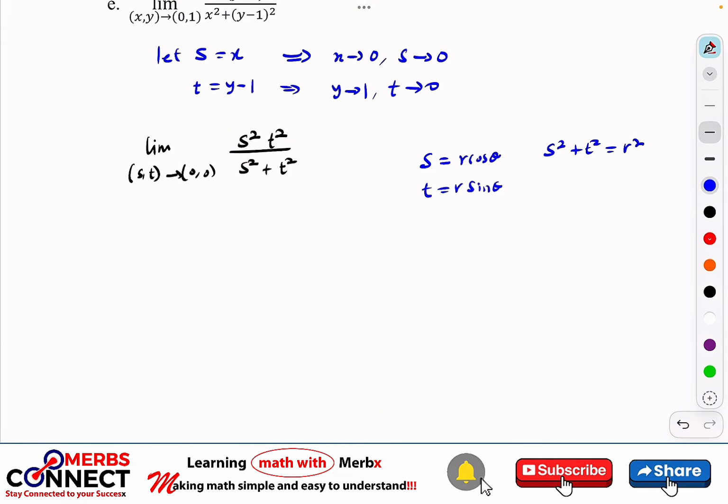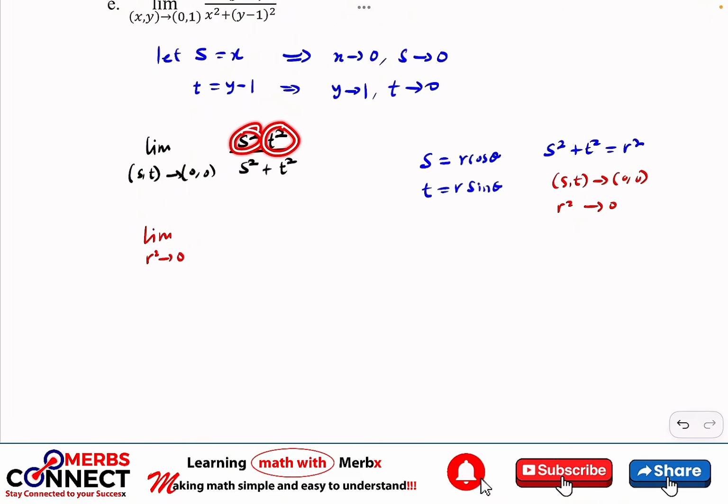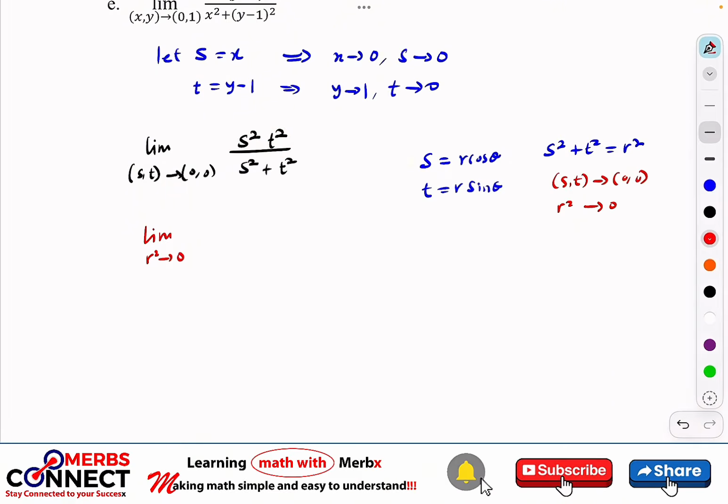So now, since (s, t) is approaching (0, 0), then r squared is also going to approach 0. So this is going to give us the limit as r squared approaches 0. Then this x squared and y squared, we need to look for it.